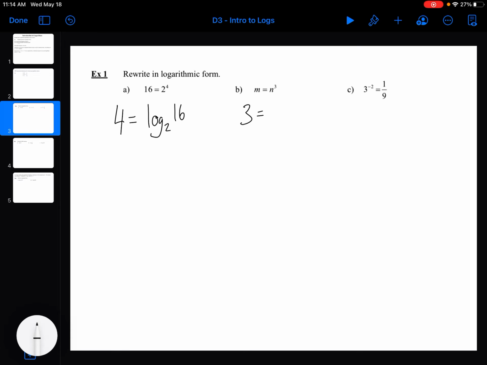We're just getting used to doing the same thing over and over again. And then finally, we've got -2 equals log base 3 of 1 over 9. Now, there are some properties that we can use that'll make things easier later on. For now, this is all we're going to look at.